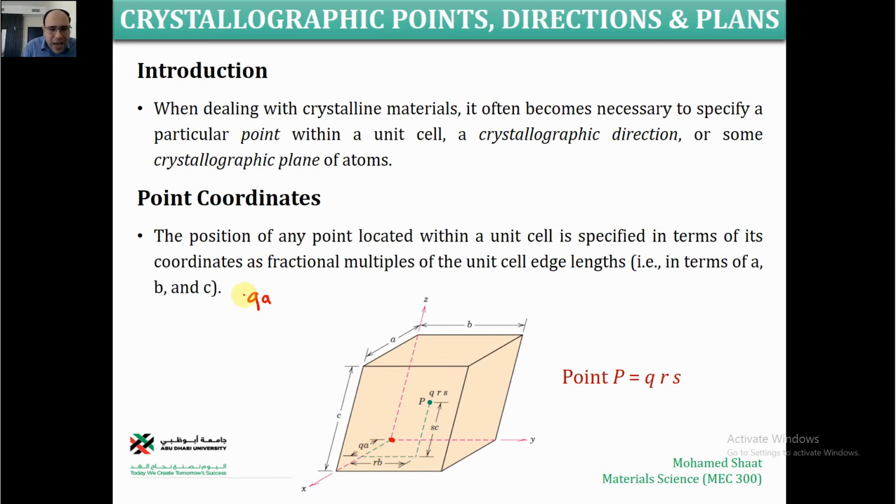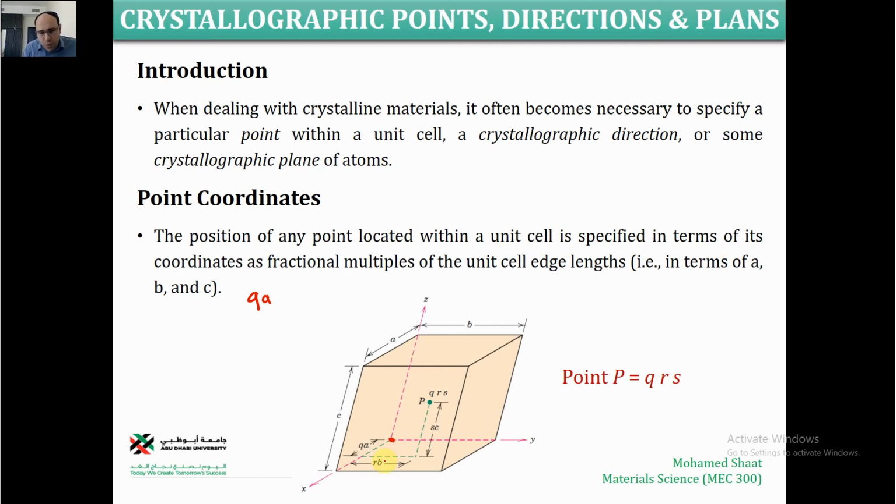So I'm going to move a distance Q of A, a fraction of A, a percent of A. I'm not going to move 100% of that A. I move, for example, 60%. So this Q represents the fraction, the percent of the distance that you're going to move parallel to X in terms of the length A.